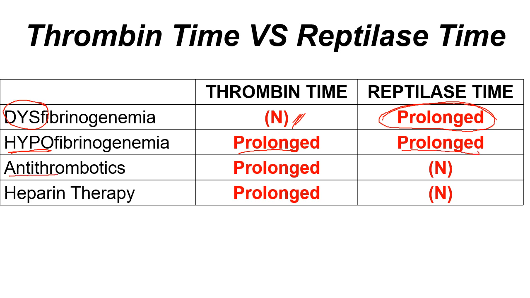Antithrombotics, no, yung ating mga streptokinase, prolonged sa thrombin time, normal sa reptilase time. Heparin therapy, prolonged kay thrombin time, reptilase time, normal. So, mas okay sa heparin therapy monitoring si thrombin time.